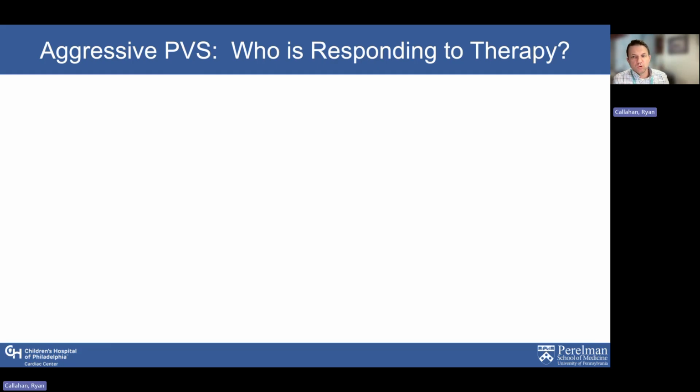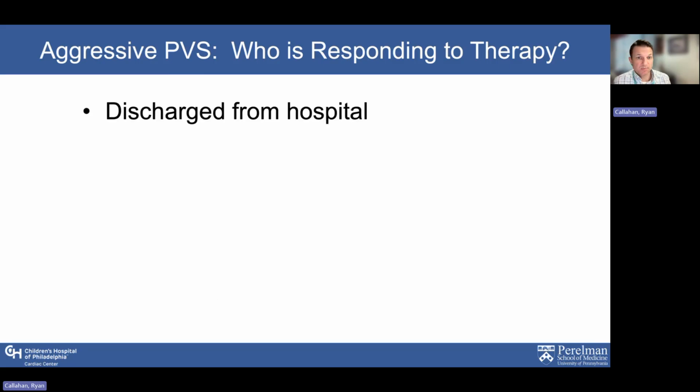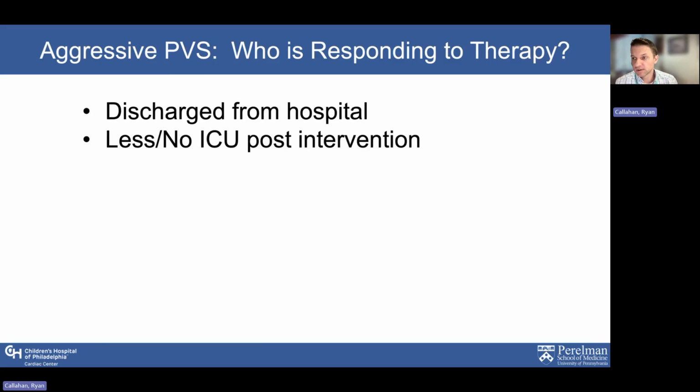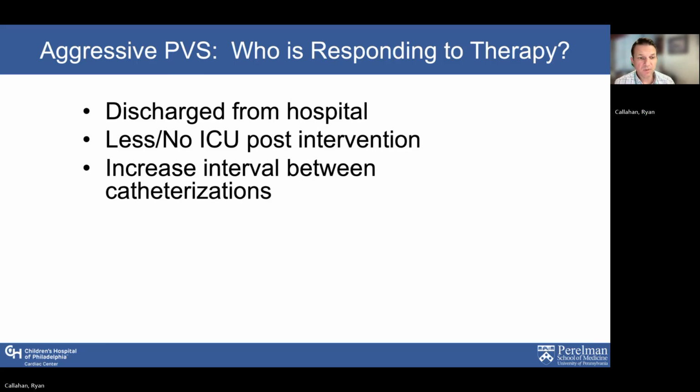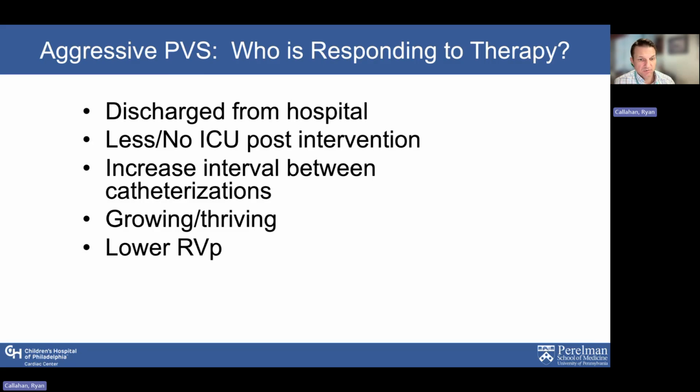Okay, just to give you a sense of patients who have really nasty PVS, who is responding to therapy? Those are the patients who are home, that when they come in for a cath, they're not there very long. And if they're having serial caths, the interval in between the caths is increasing over time, they're gaining weight and thriving, their pressures in the right ventricle are lowering.